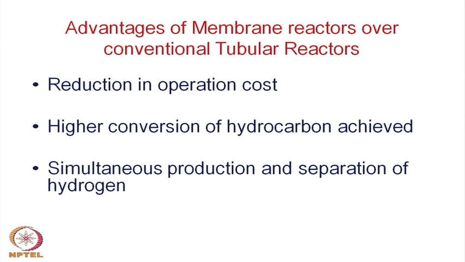Ultimately, at the end of the process you will get pure hydrogen, with the reaction and separation complete within the same chamber. These are the advantages compared to the normal tubular reactors, which have been standardized over the decades for reforming reactions.